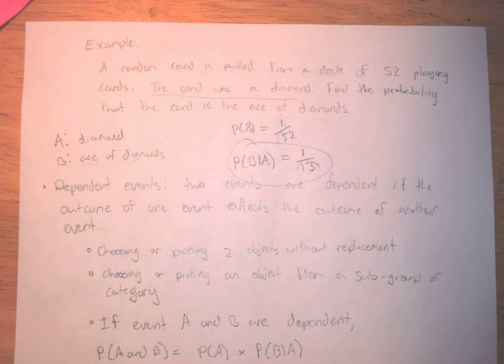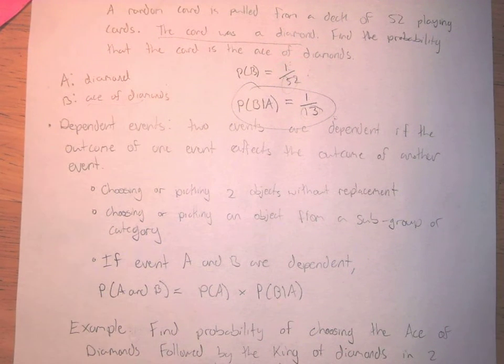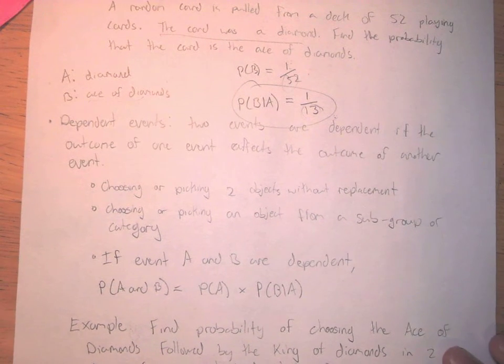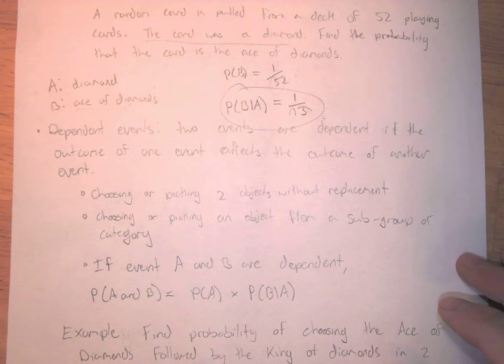Okay. Let's talk about dependent events. So dependent events and conditional probability are very, very similar. The difference is conditional probability is talking about just the second event, and dependent events is talking about two events together, like the first event and the second event.